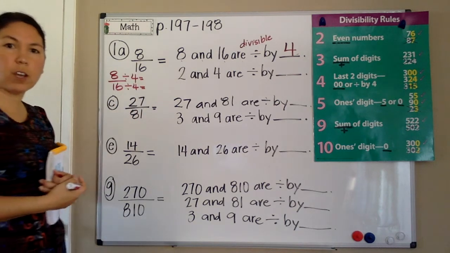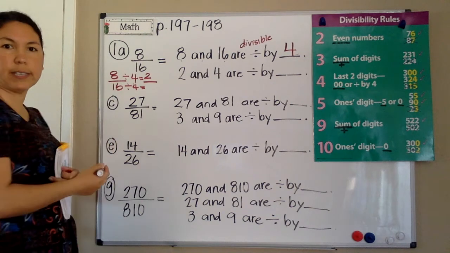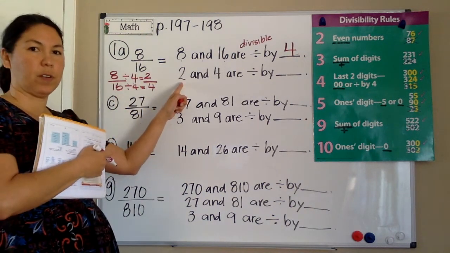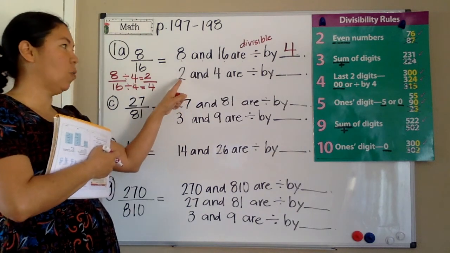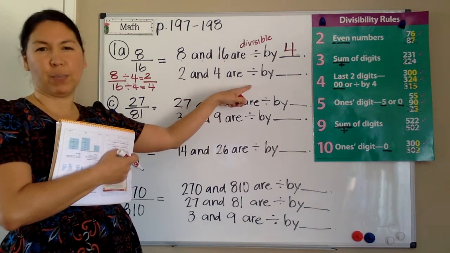How many 4s can go into 8? 2. How many 4s can go into 16? 4. Okay, so now see how they gave us another, because now we have 2 fourths. So now they want us to look. What could go into 2 and 4? What is 2 and 4 divisible by?